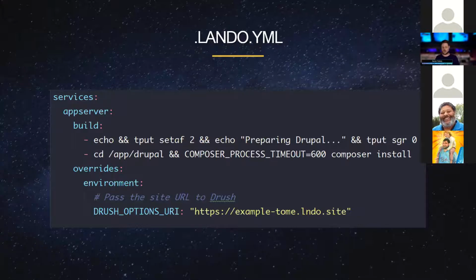By default, if you don't set this, Drush will just use http://default and then whatever URL. And that only affects Drush. So if you're doing something like drush user login to log into your site, you actually get the full path this way.